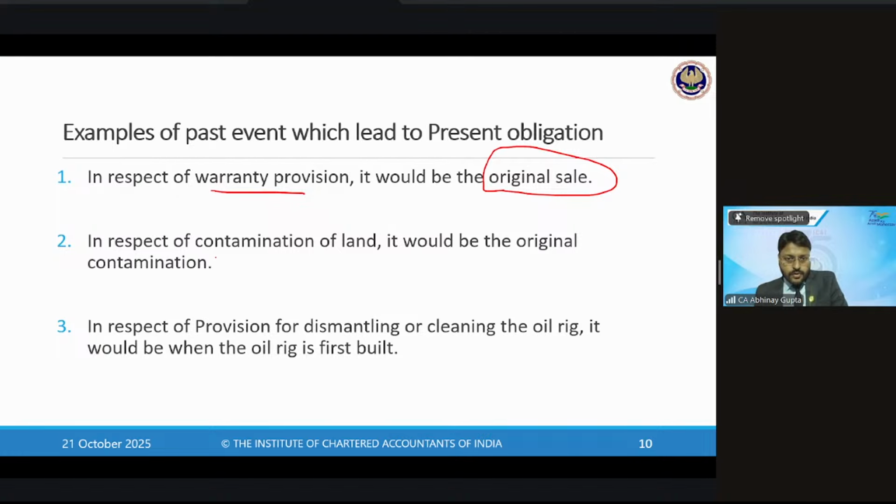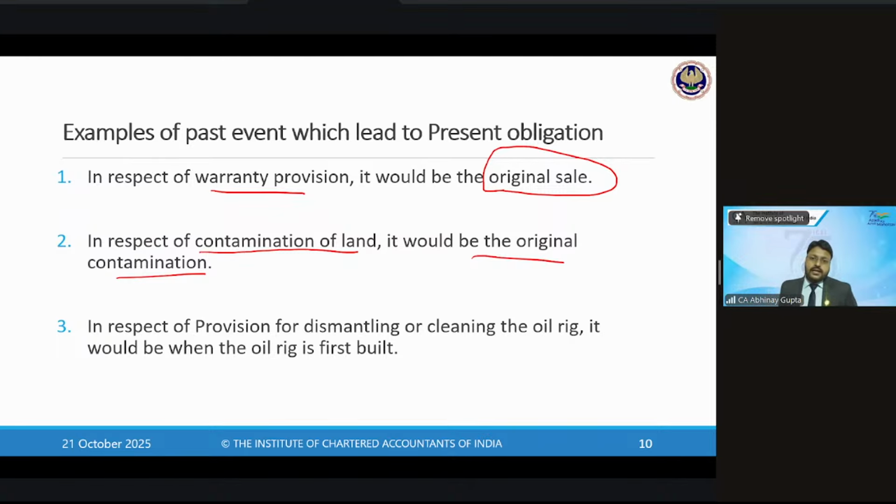In respect of contamination of the land, it would be the original contamination, right? If any company is doing some mining operations, or setting up some plant, or setting up some oil rigs to extract the oil from the ground, the land gets contaminated in that case.